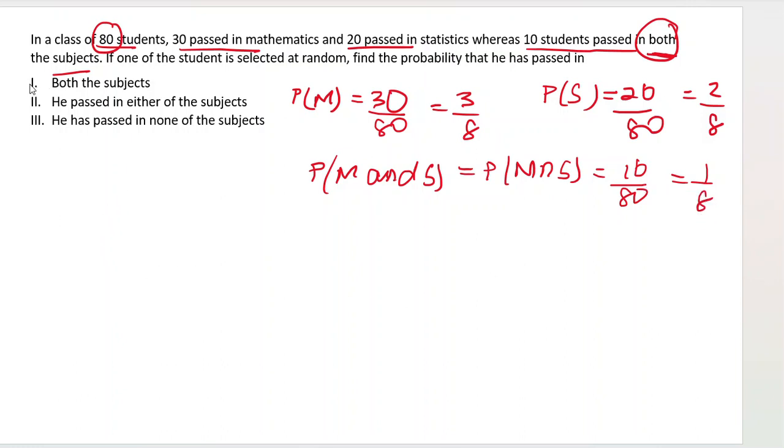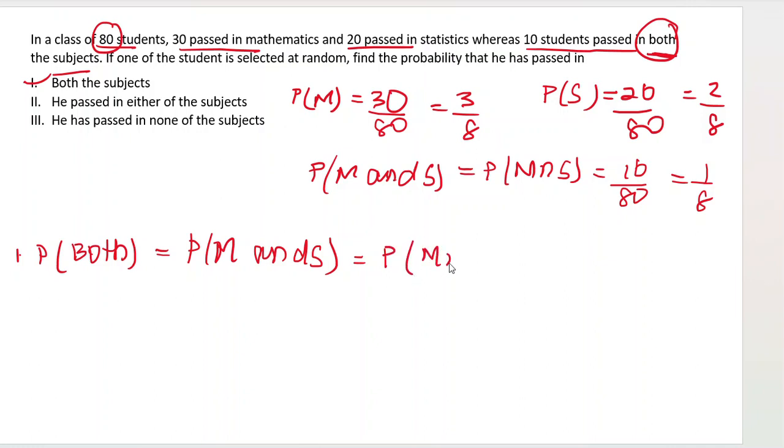The first question is the probability that he passed in both the subjects. This is the probability of M intersection S, which we have already found as 1 by 8. You can also get this answer in decimal if you want.